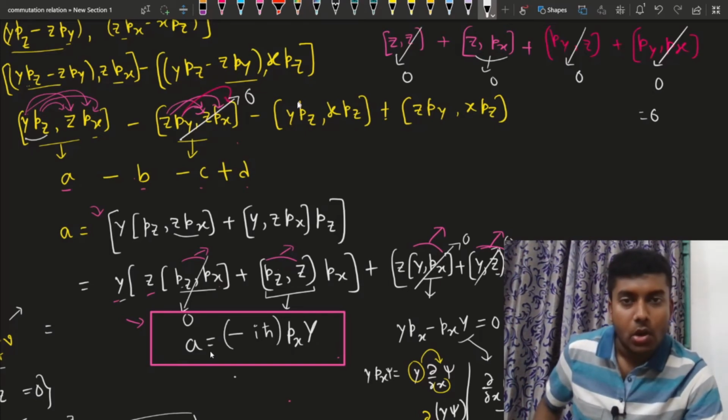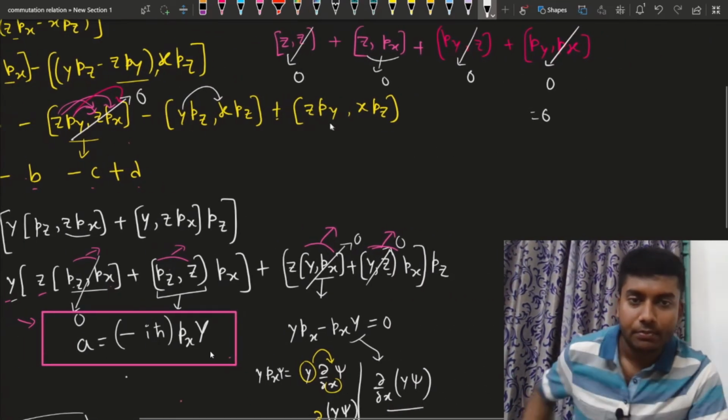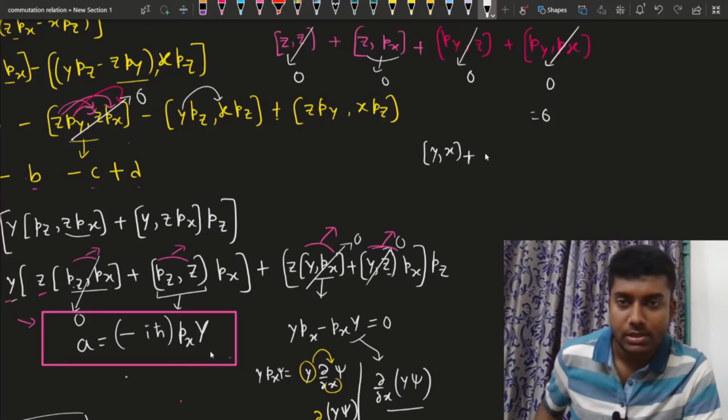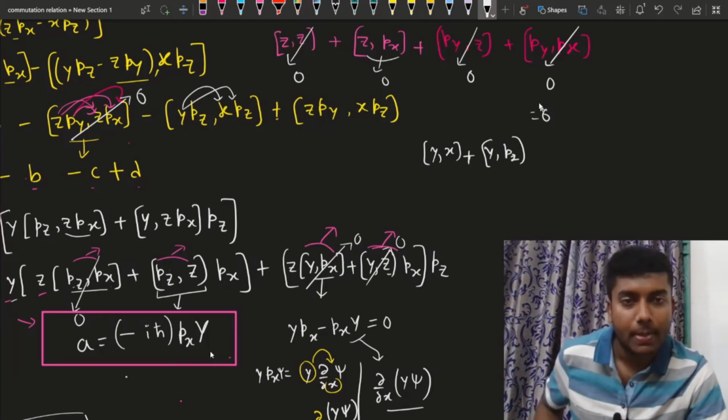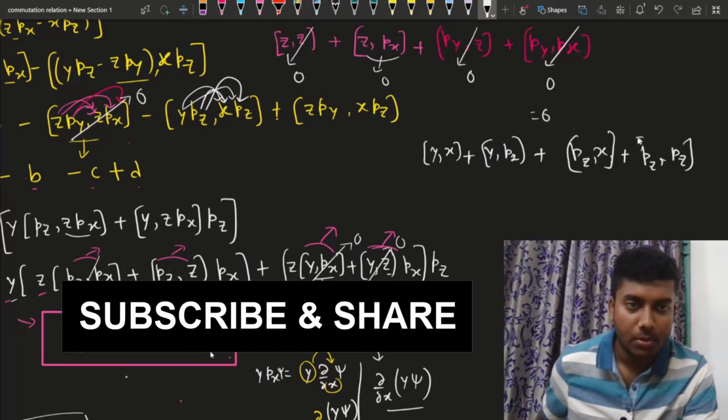Similarly, come to here, y, first y is this. Plus y is connected with pz, plus pz and px, and py comma pz, the commutation of this.